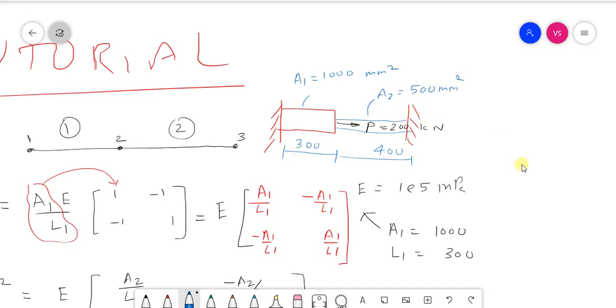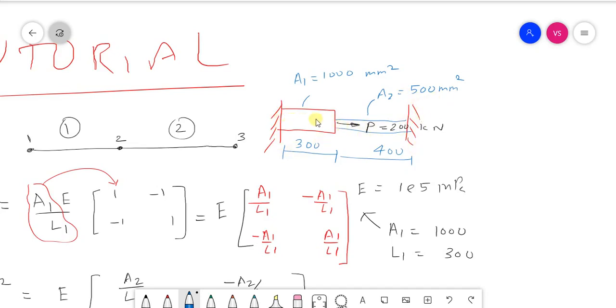That is one thing. And the second thing is, since both ends are fixed here, if the first element extends by say 1 mm, then the second element must compress by the same amount, 1 mm, because there is no way to escape. Whatever is happening should happen between these two supports.